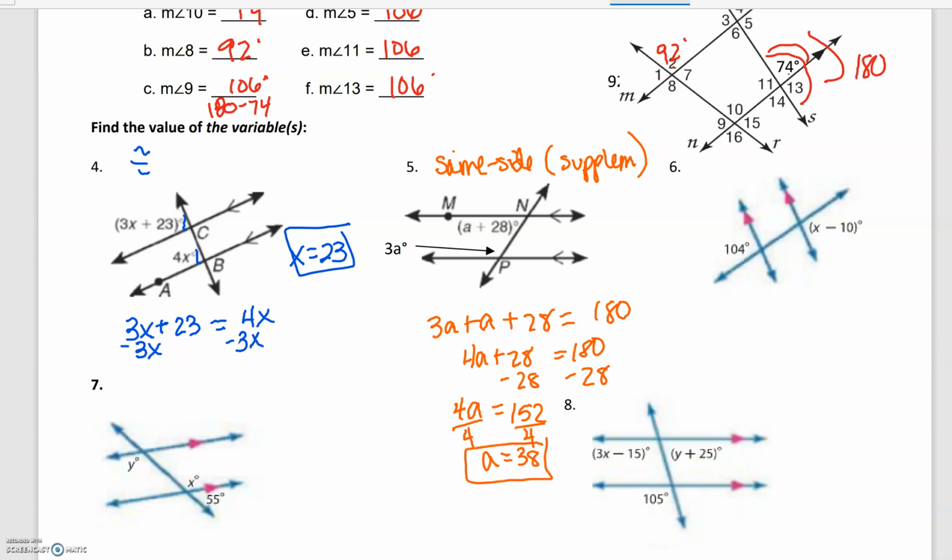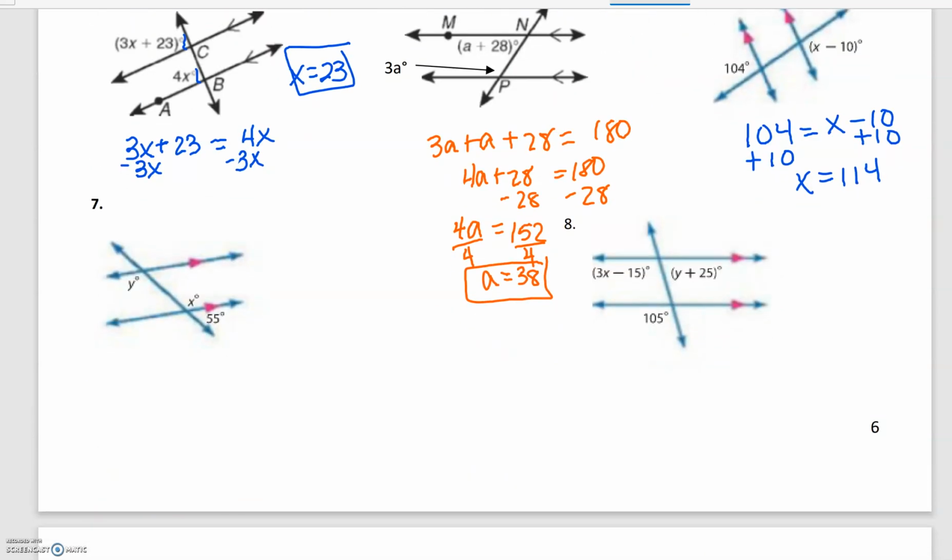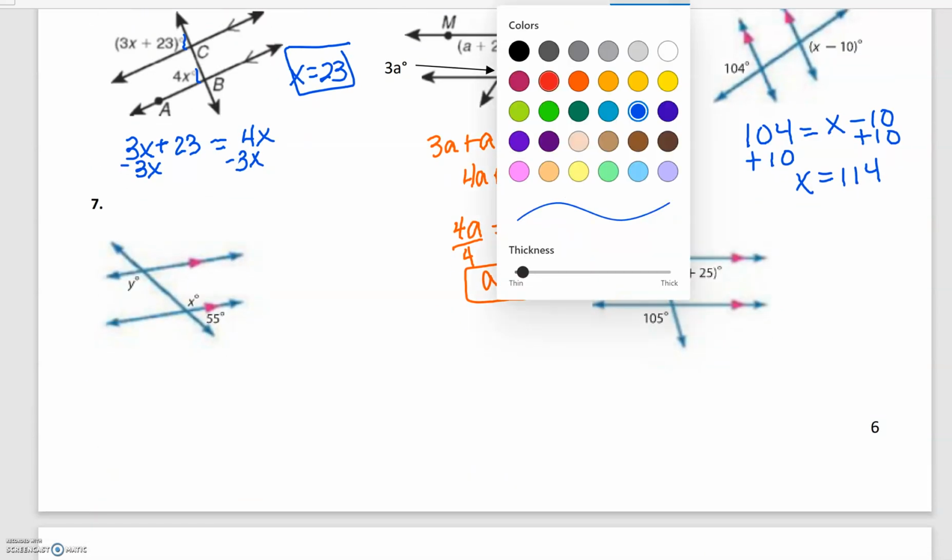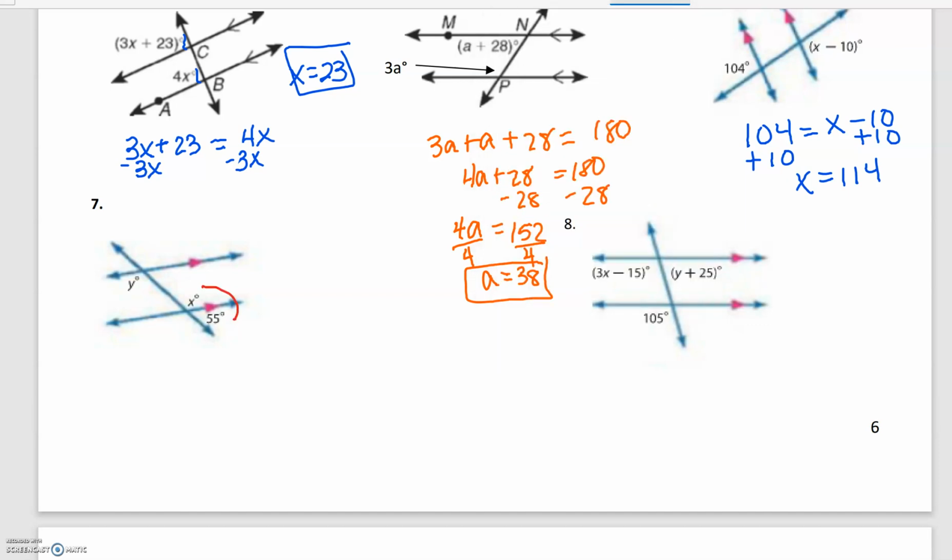All right, so over here we have alternate exterior, and those are congruent. So 104 equaling x minus 10, add 10, x equals 114. Right here we have kind of two different variable relationships. So let's look at this one right here. These are a linear pair, so 180.